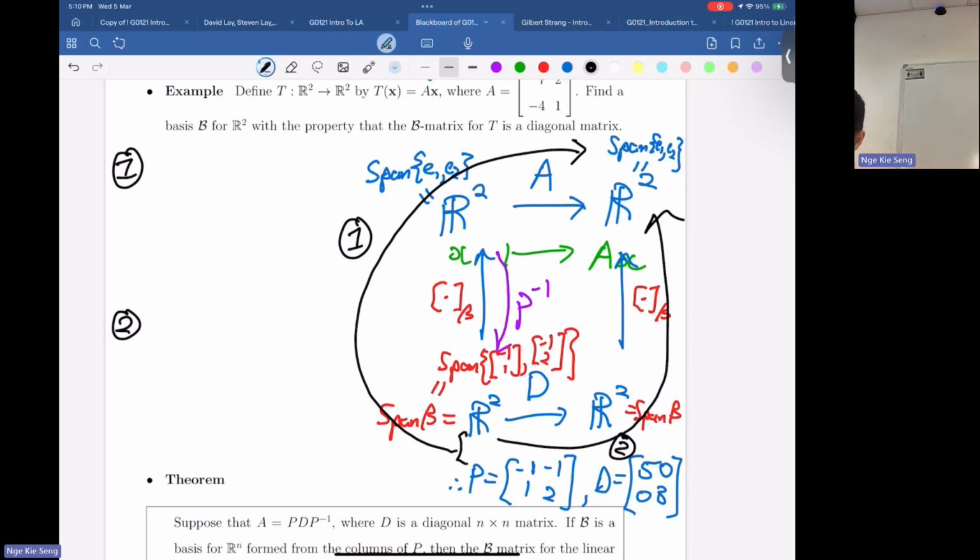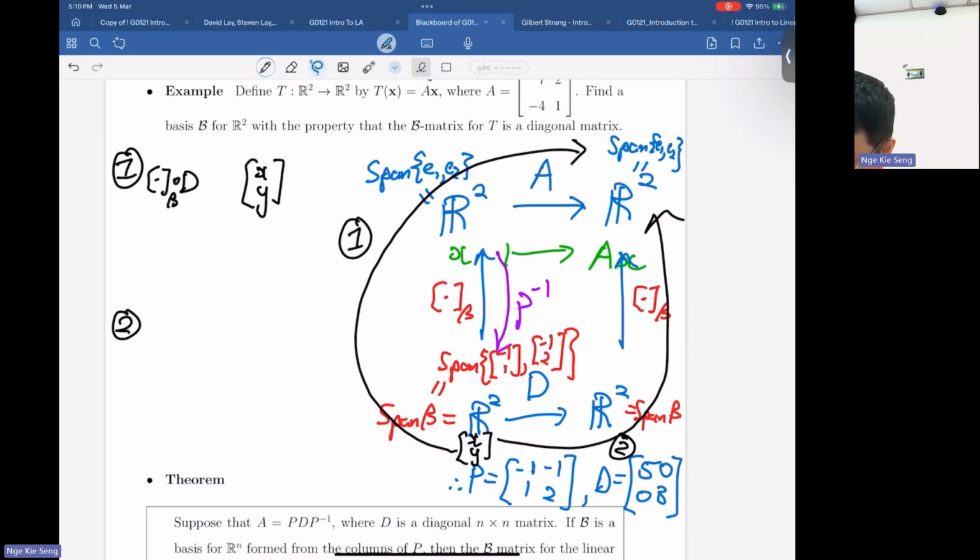Okay, so let's start with any vector here, x and y. So if I do D on x and y, and then we do this, it should be the same as, hey, this one is path 2, huh?